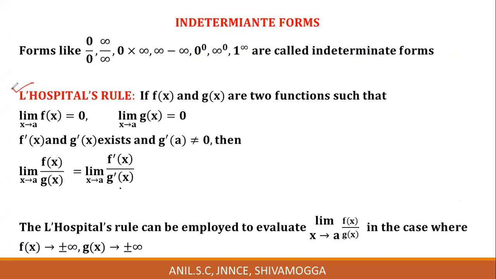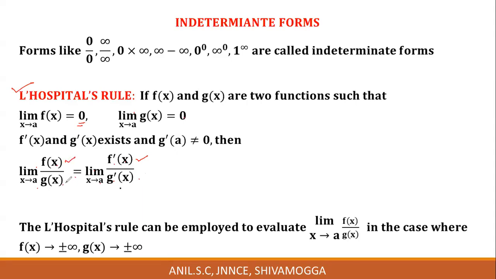If f of x and g of x are 2 functions of x, any functions of x, such that limit x tends to a, f of x is equal to 0, limit x tends to a, g of x is equal to 0, then limit x tends to a, f of x divided by g of x is limit x tends to a, f dash x divided by g dash x. f dash x is derivative of f of x and g dash of x is derivative of g of x.